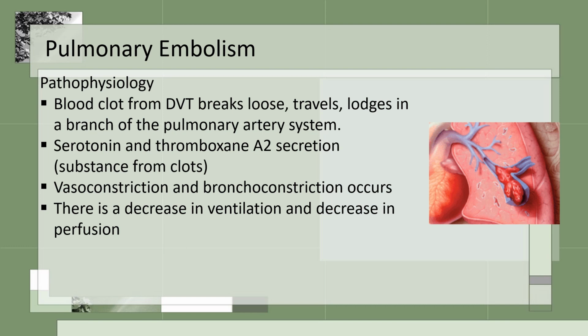The clot secretes serotonin and thromboxane A2. There is vasoconstriction and bronchoconstriction that occurs in that lung. There is a decrease in ventilation and a decrease in perfusion.